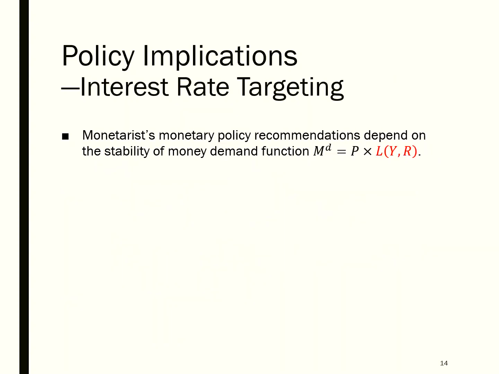Like any economic theory, the Friedman-Lucas model also has its limitations. The monetarists' monetary policy recommendations depend on the stability of the money demand function. That is, the red bit here must be very stable over time.